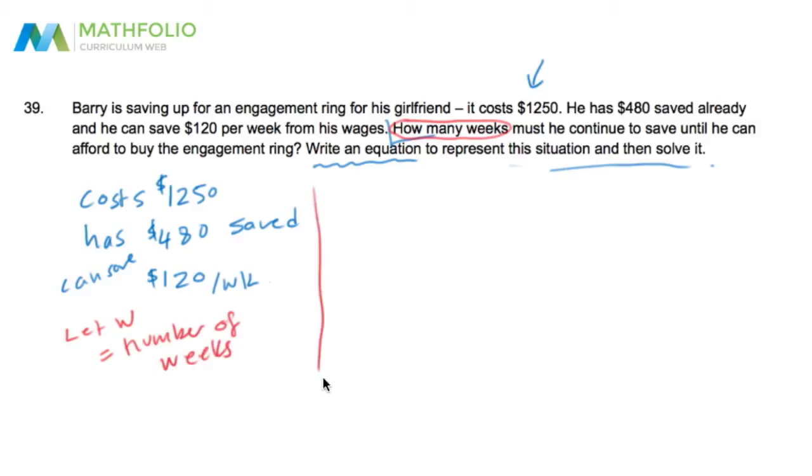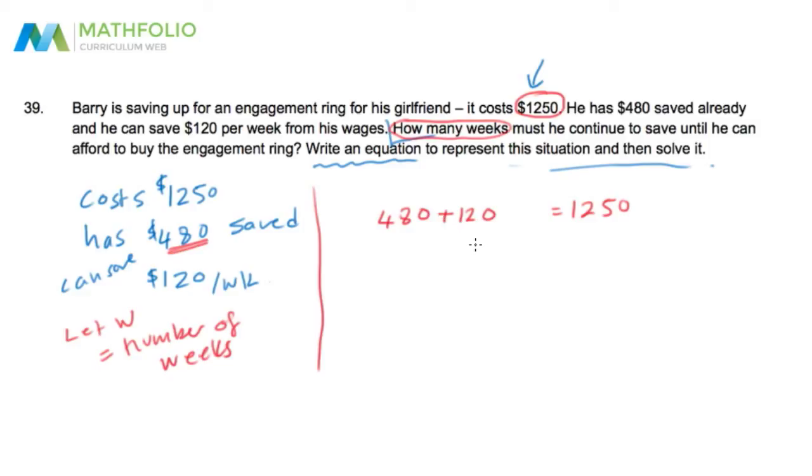Okay, now we're going to get on to the fun stuff. So the grand total of what he needs is this 1,250. So I'm going to put that over here. 1,250. Now what he has already is the 480. And sure, this amount's going to grow. It's going to be added with 120 every week. So if this was just 3 weeks, we would add 120 times 3.